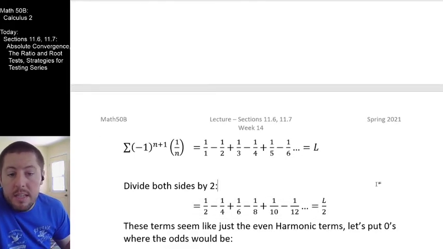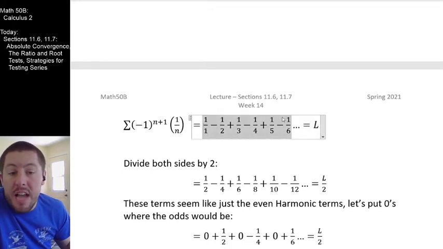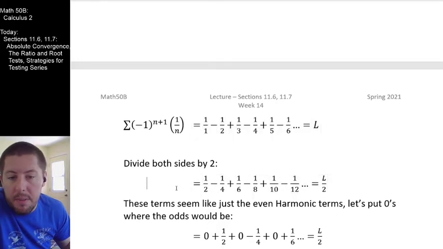You should notice that these just seem like a bunch of terms that crop up in the harmonic series, positives or negatives, right? Not worrying about that, but let's just throw in some zeros where those terms would be. When we divided this series by 2, we just got back a bunch more terms that seem like they already belonged in that series. These are just other harmonic terms that are out there, right?